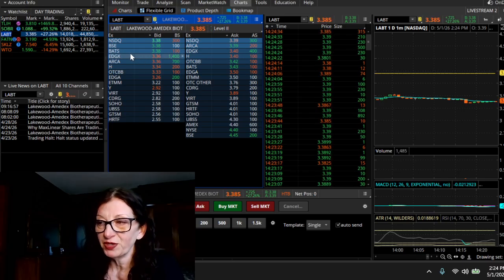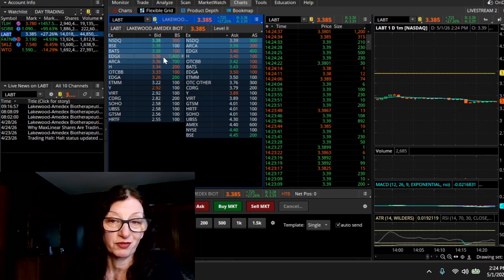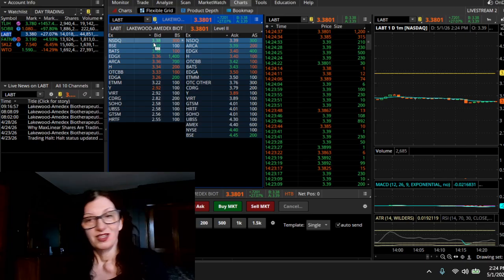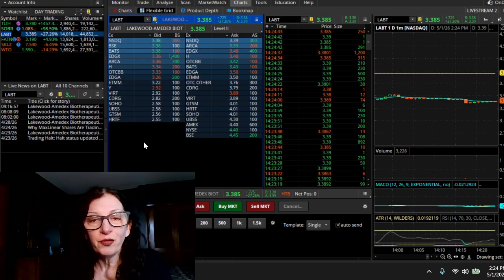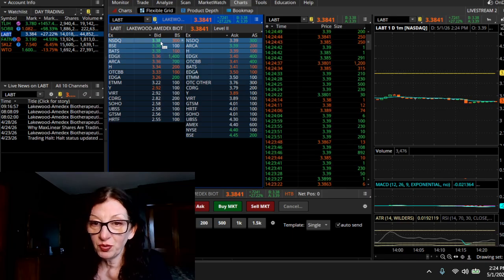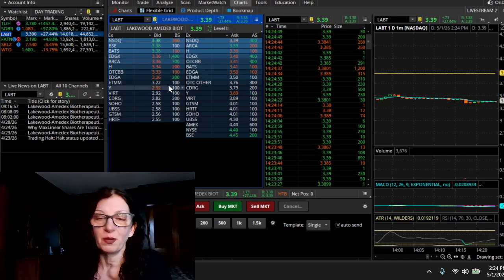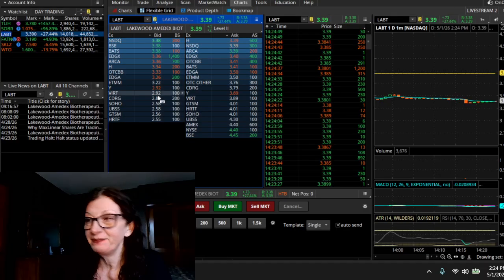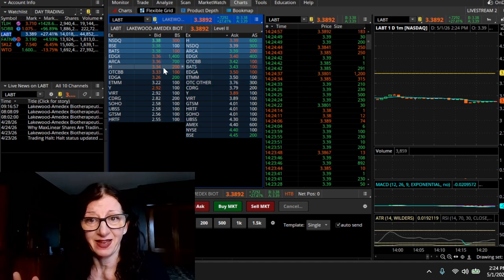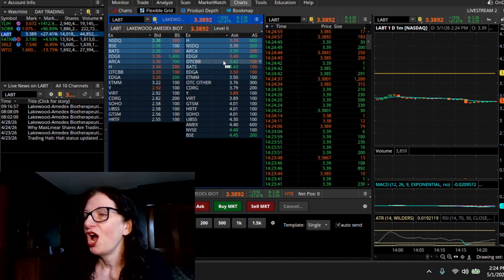But then this fourth person is only willing to pay $3.36, but they want to buy 1,400 shares. So this is the list of all the people that want to buy LABT, ordered by the most they're willing to pay to the least, with the number of shares they want to buy. They're sitting there hoping that people will sell to them. They're sitting there waiting.